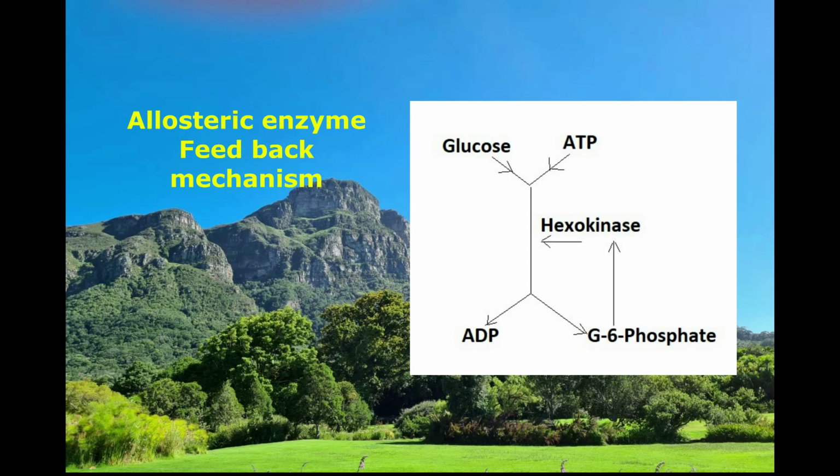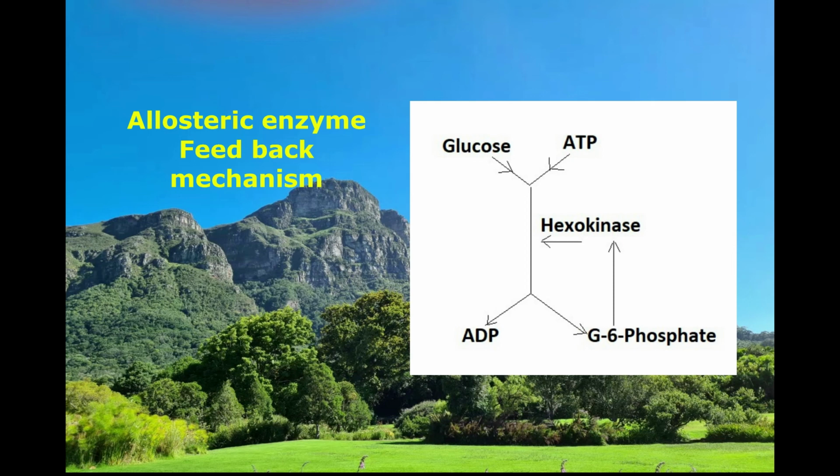This reaction is catalyzed by the hexokinase enzyme. The glucose 6-phosphate amount is increasing, and this glucose 6-phosphate inhibits the hexokinase, so the reaction cannot proceed. It is halted at a particular time. So here glucose 6-phosphate is the product, and that product inhibits the enzyme hexokinase.